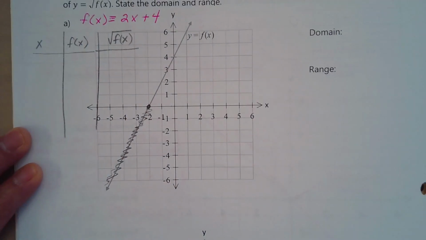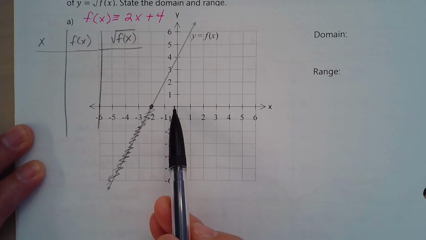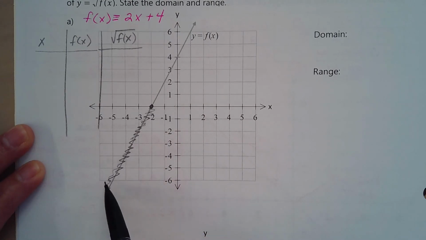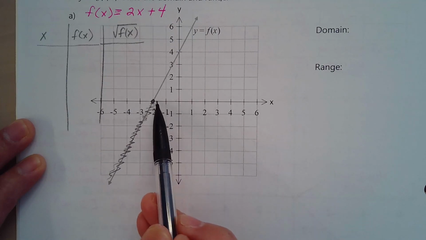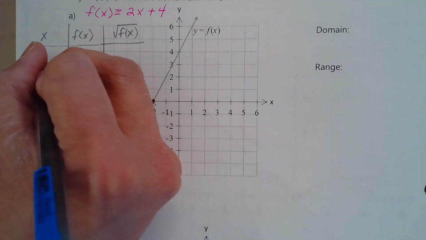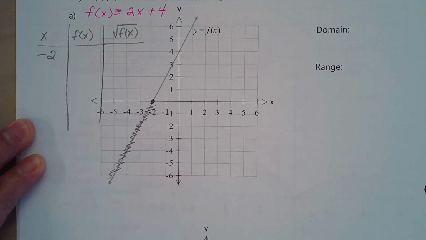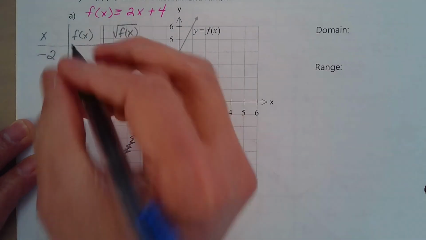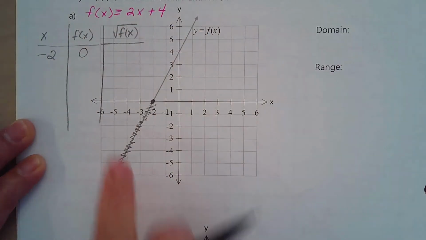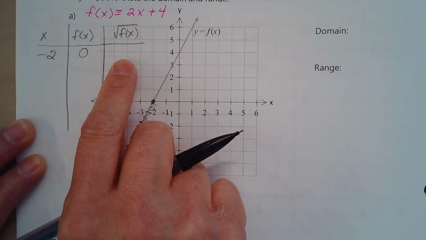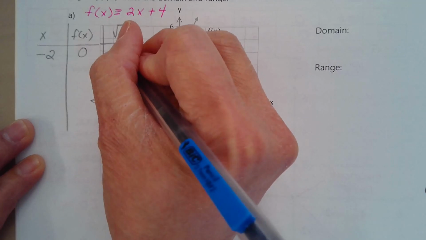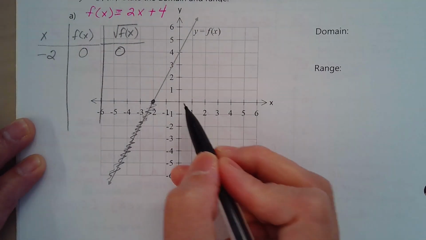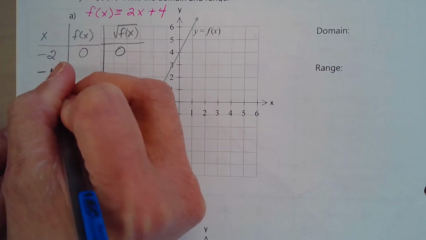So everything in here is negative, right? If we start at negative 2, if x is negative 2, what is f of x? It's 0. And then the square root of 0 is 0. What about negative 1?